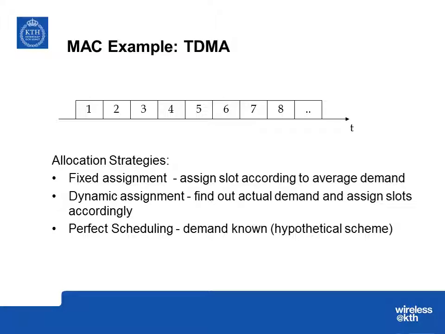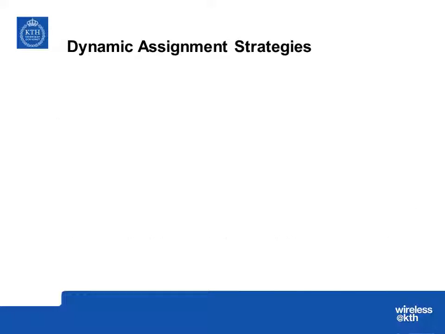And as a reference or hypothetical scheme, we will use the perfect scheduling scheme. This is a hypothetical scheme where we assume that the actual number of messages in every transmitter is known to the transmitters, so that they can organize their transmissions perfectly without loss.